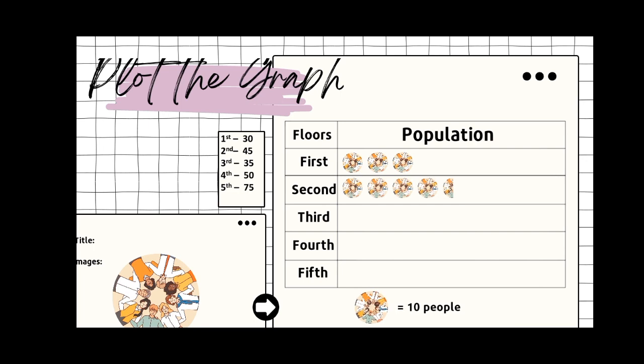For the third floor, there are 35 people, so that means there are 3 symbols and a half. For the fourth floor, there are 50 people, so there will be 5 images. Lastly, for the fifth floor, there are 75 people, so there will be 7 images and a half.